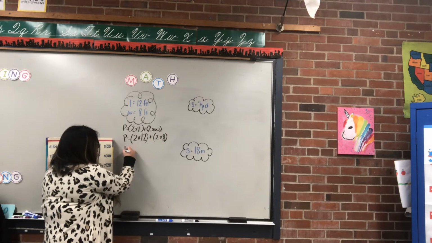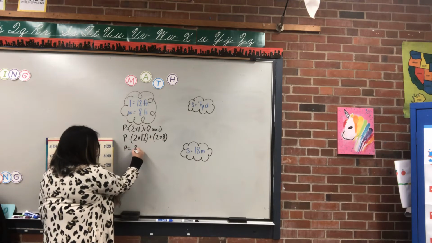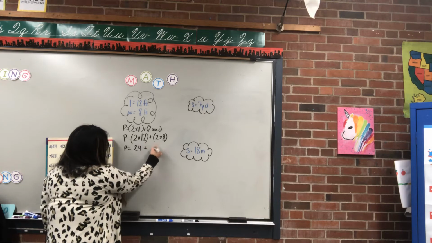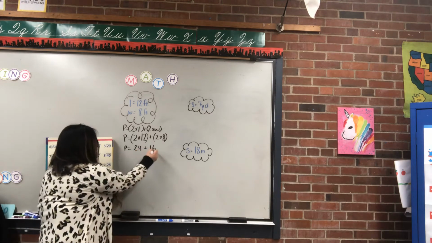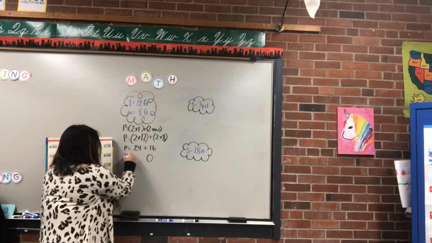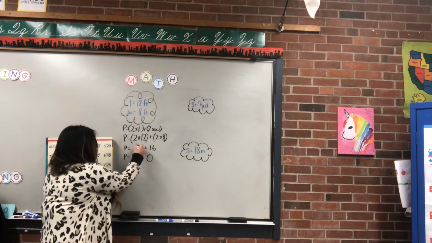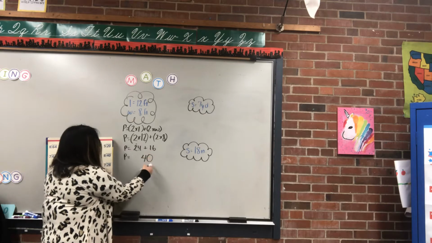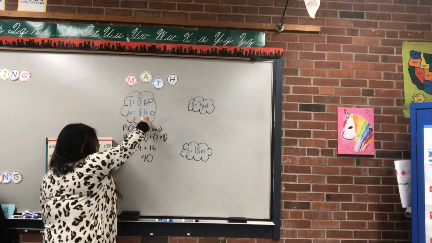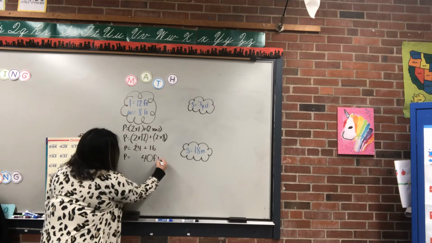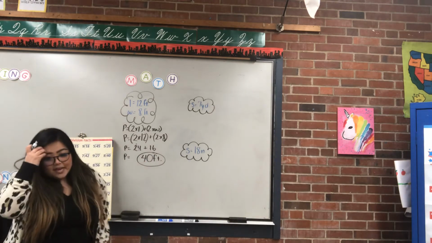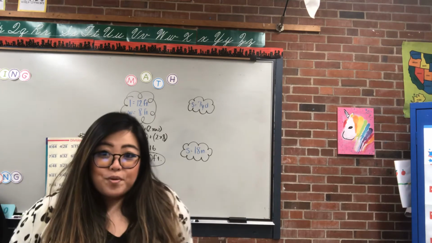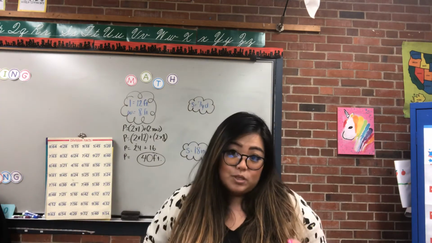Now, P equals 2 times 12 is 24, plus 2 times 8 is 16. 24 plus 16. 4 plus 6 is 10, and then carry the 1. 2 plus 1 plus 1 is 4. 40 feet. Perimeter is 40 feet. Okay, and that's how you solve the perimeter formula for a rectangle, 2 times the length and 2 times the width.